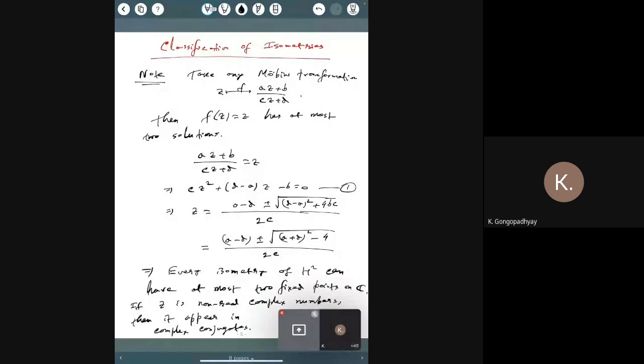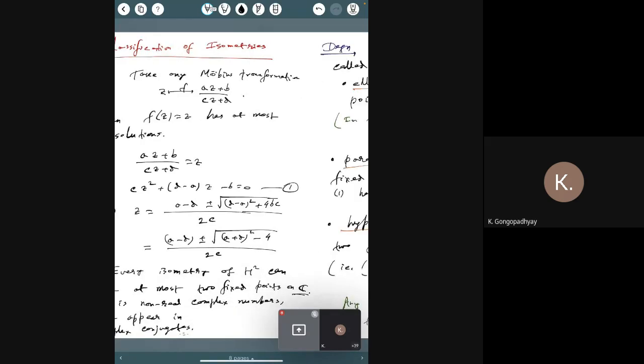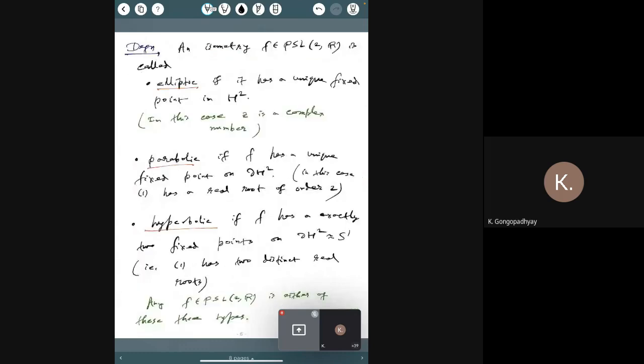Initially we take solutions in C, but then I remark that either they are complex conjugates or they are real numbers. If they are real, then that is the boundary of the hyperbolic plane. In the definition, I have written that it has a unique fixed point on the boundary. So of course, we are considering the boundary.